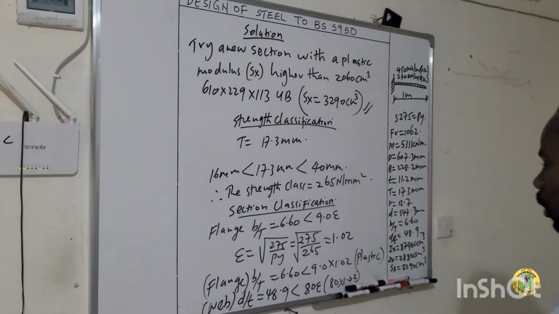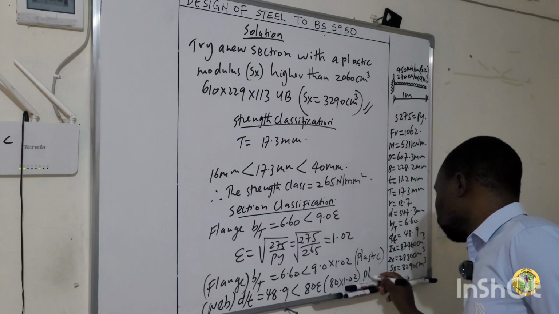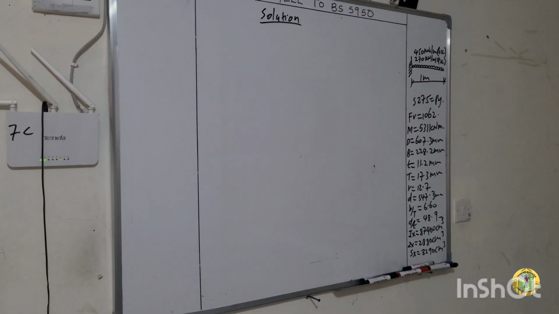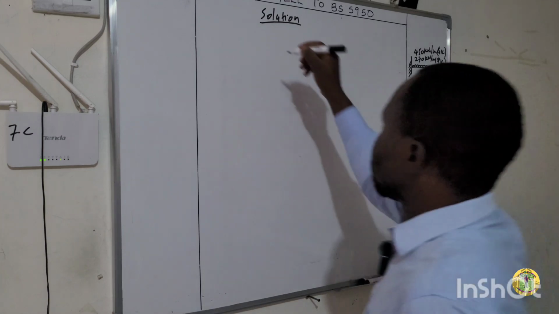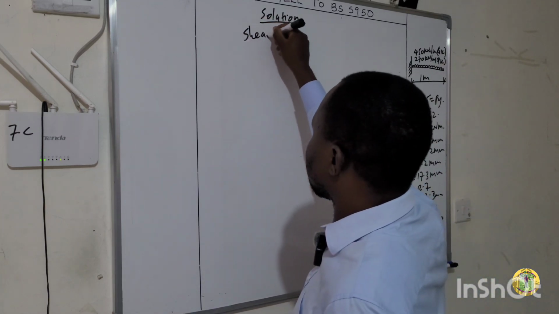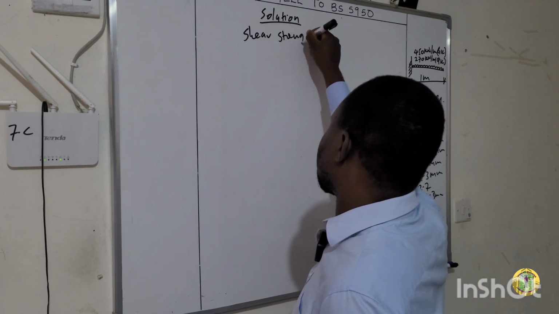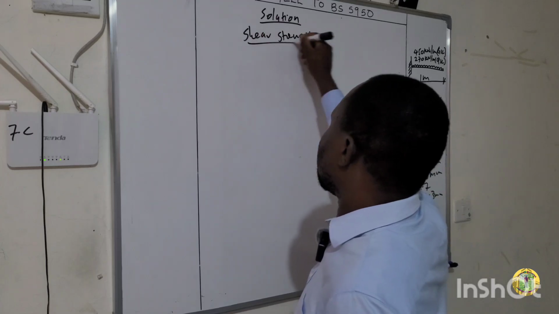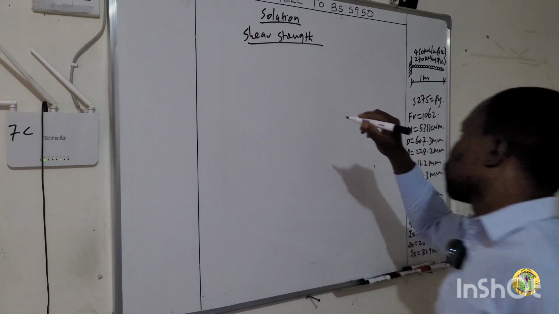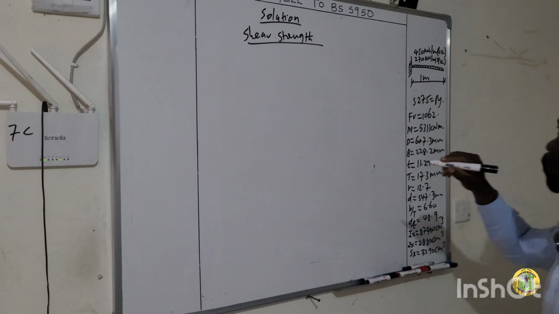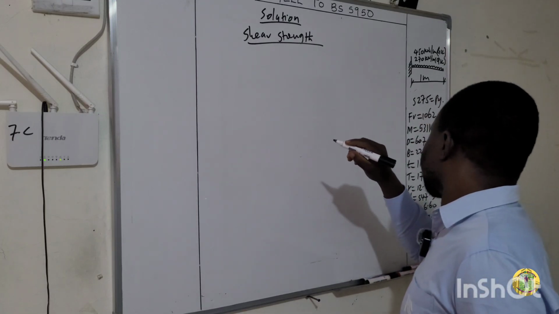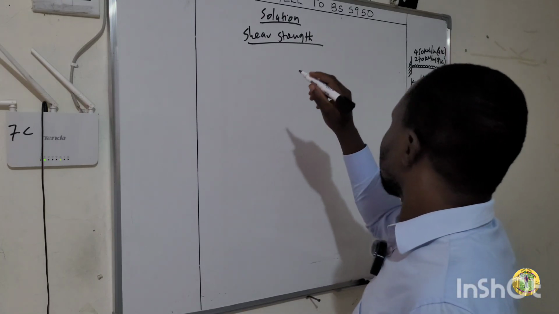Therefore, also the web is plastic. We now proceed to the shear strength. So remember, for the first section, it failed. So let's see if the second section will fail or it will pass.